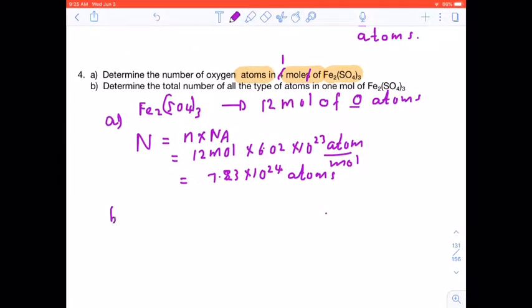If we look at B, it says determine the number of all types of atoms in 1 mole of that substance.